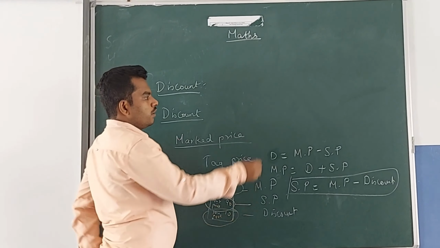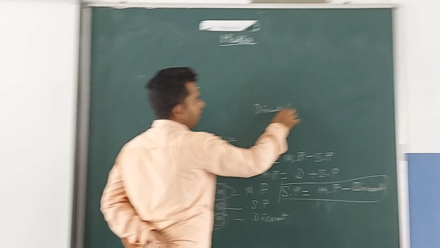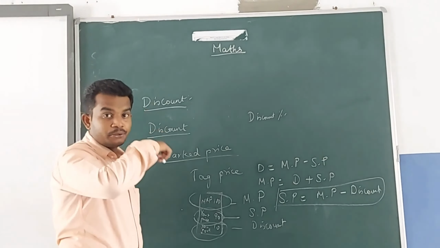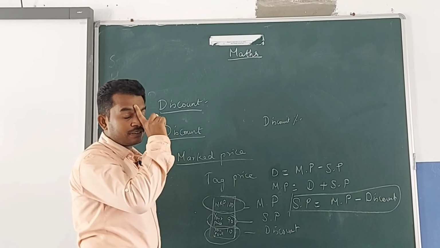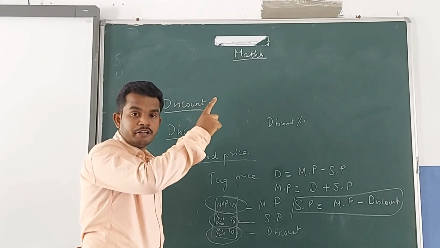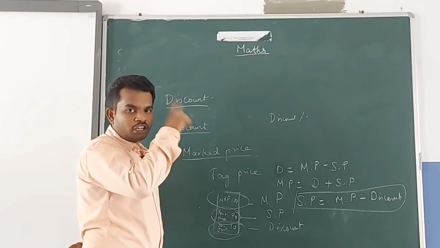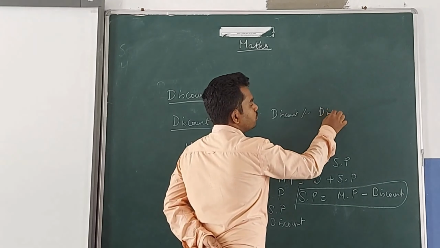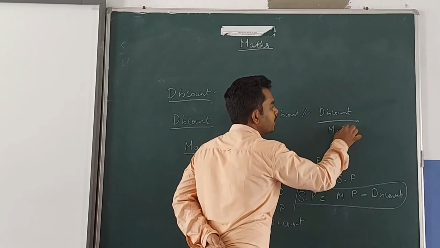Here also discount percentage is there. What is the formula for discount percentage? Already I told in the cost price and selling price. Profit percentage. What is the profit percentage formula? Profit by CP into 100. It is calculated by cost price. Here it is always calculated by which price? Marked price.